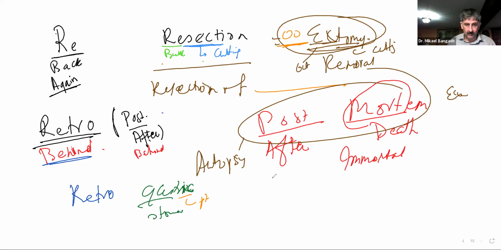So if this here is the stomach, just so we know what we are talking about, this is the front and this is the back. All this area will be retrogastric, behind the stomach.